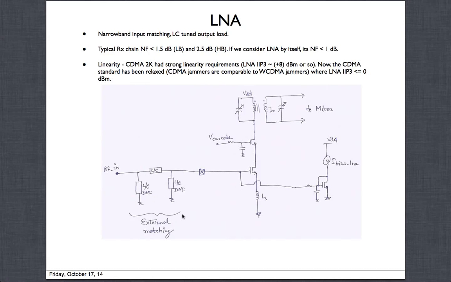Imagine a passive circuitry providing you voltage gain. If you have voltage gain in front of all these circuits which are creating noise, that also helps a lot to suppress the noise, and that is one of the key reasons why narrowband matching is very good and widely used: the gain in the matching circuit helps lower noise.